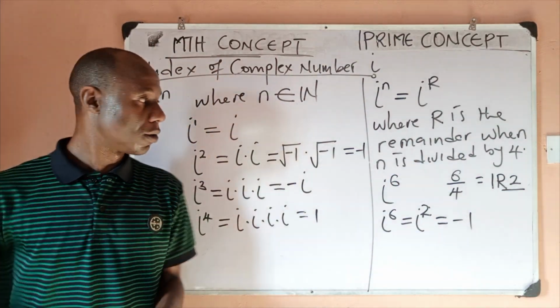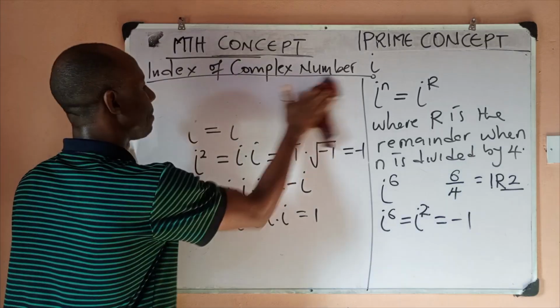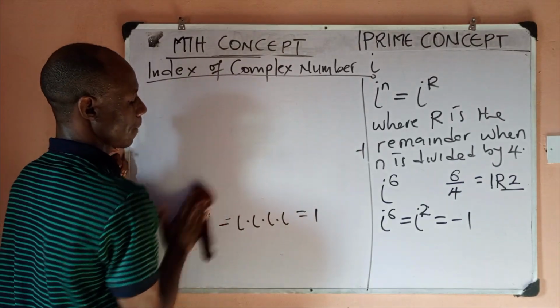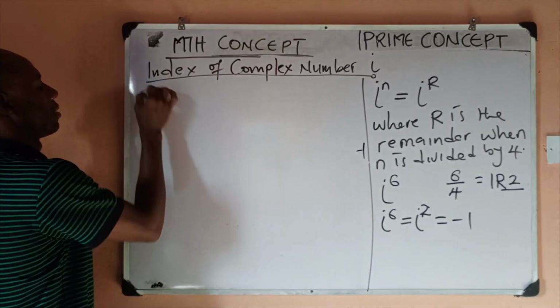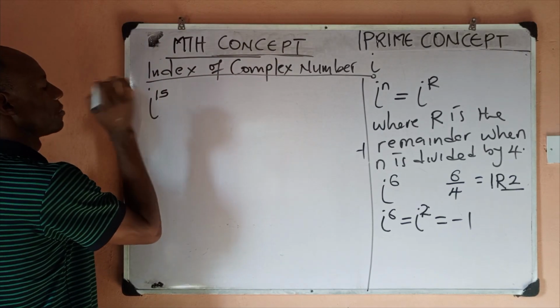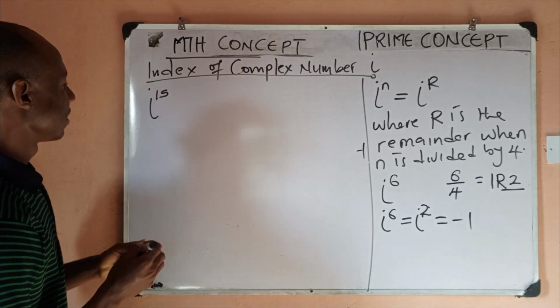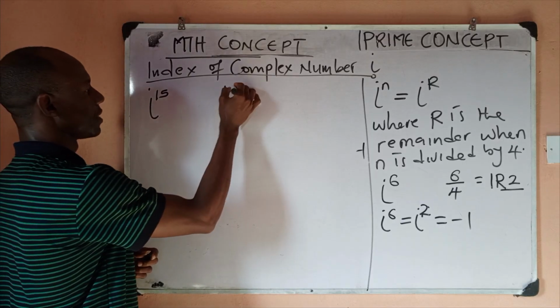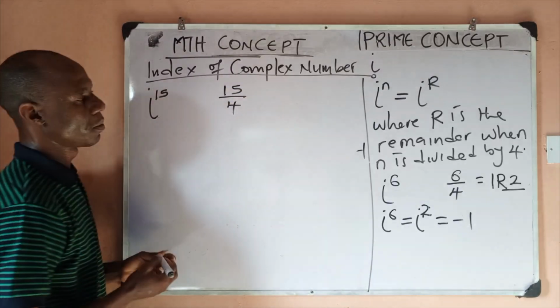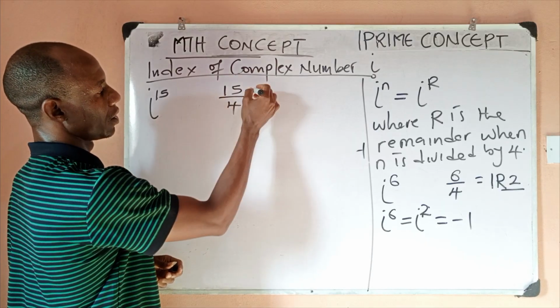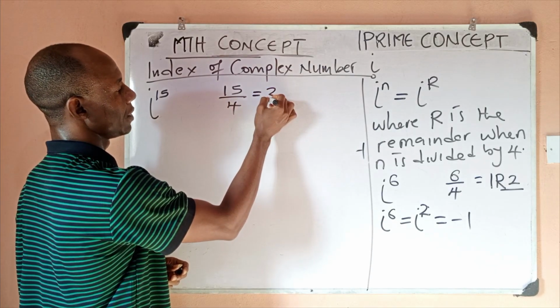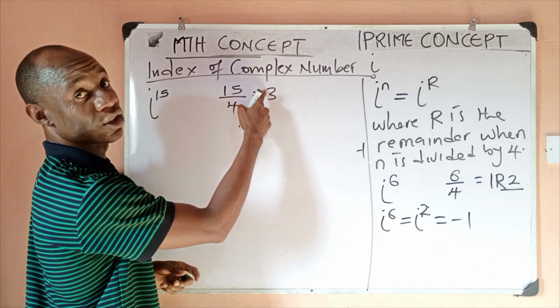So let's take a higher power. Say we want to evaluate i to power 15. I'm going to quickly say 15 divided by 4. 4 in 15 would give me 3, so that 4 times 3 is 12.